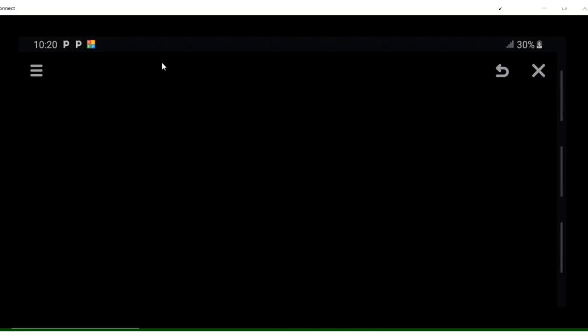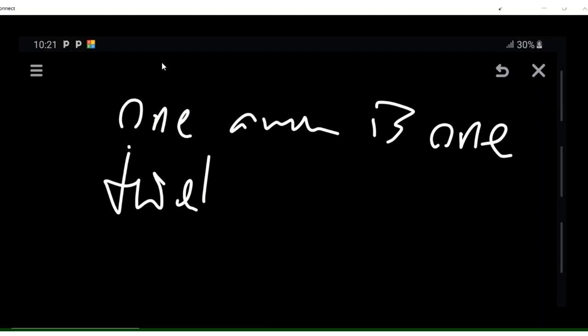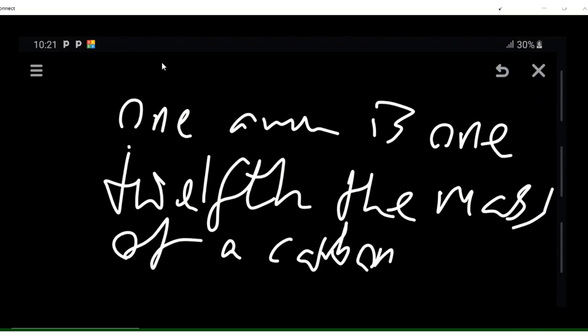So 1 AMU, 1 atomic mass unit, is 1/12 the mass of a carbon-12 atom, which is equivalent to 1.66 exponent negative 24.